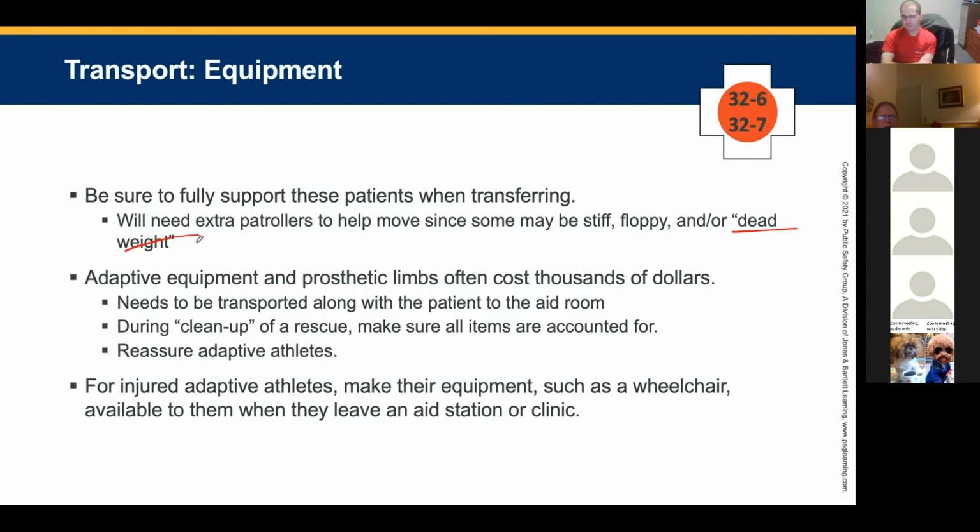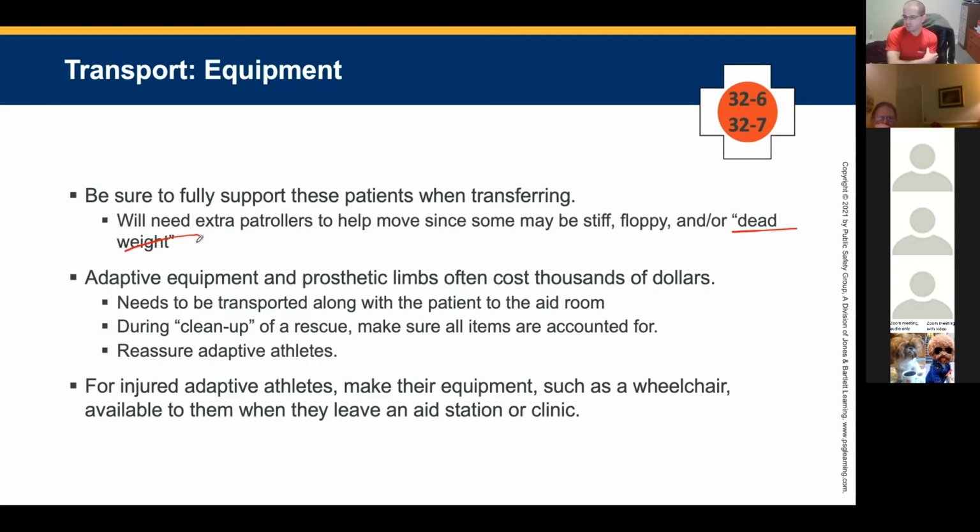Yeah, it's half of a spine board. I really wouldn't. I'm not a big fan of those. They're really good for seated patients, and they really don't have good handles, especially down at the foot end, to grab onto, especially if you have somebody who is dead weight. Not really a big fan of the half spine boards.